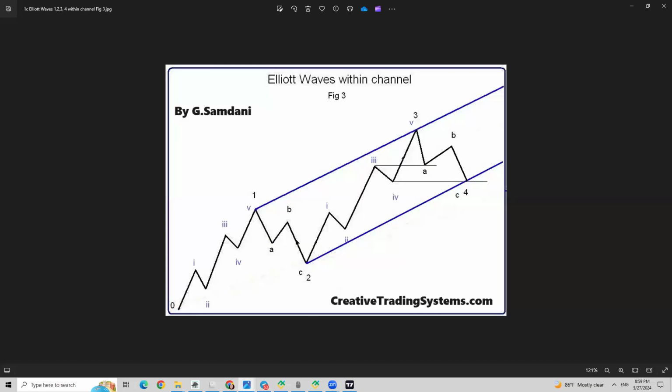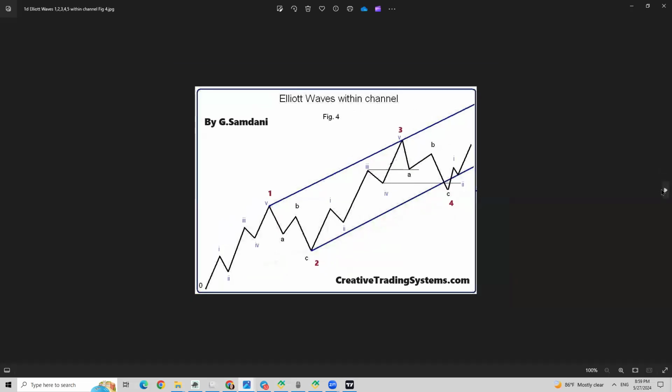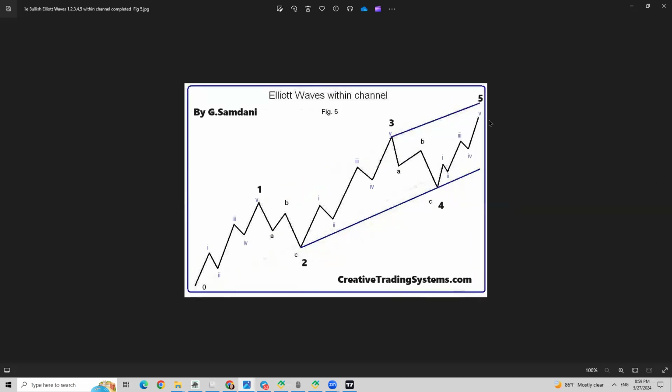Now this is wave 1, ABC 2, then you have big wave 3, like I said, 161% or 261% extended. And after that, if it is falling into wave 4, this is the fashion that it comes in, A, B, C. Sometimes it goes even outside this rising channel, right? It breaks below the channel and then gets back inside the channel and then goes for wave 5 like this, right? So this is the Elliott wave theory.